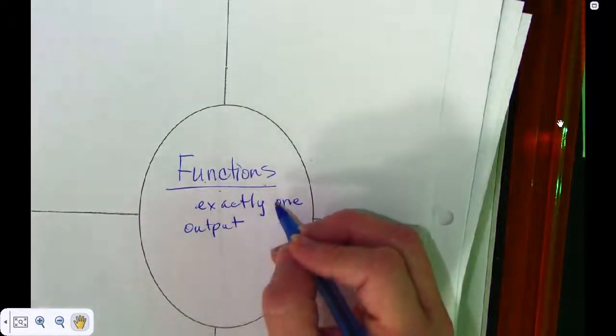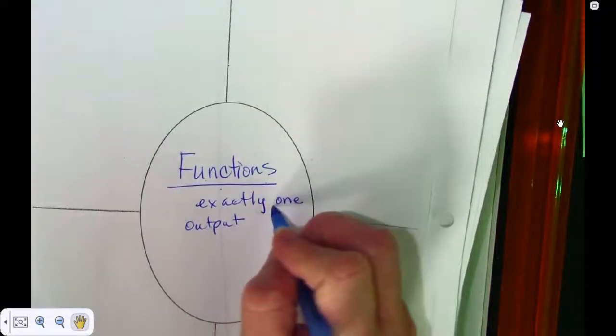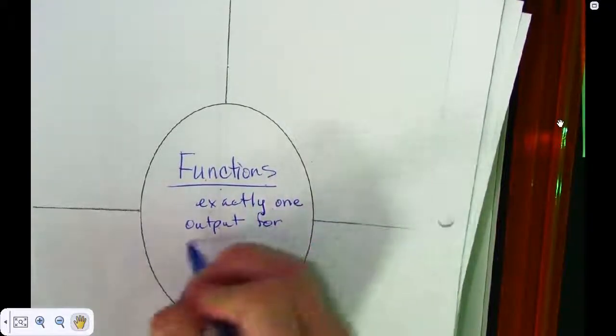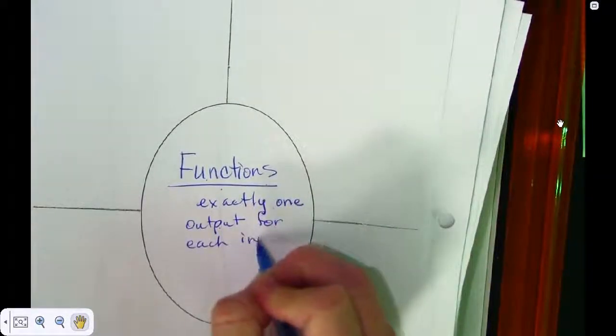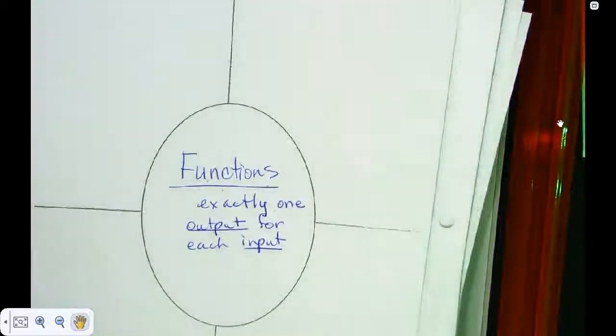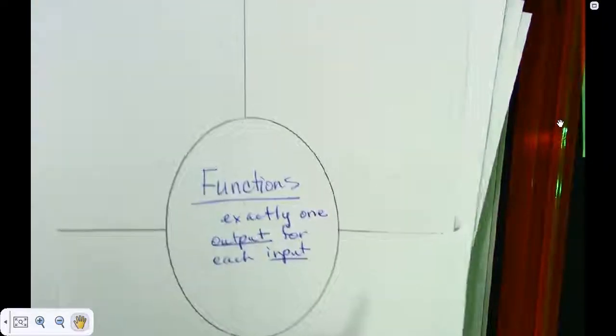That's what they call them in California. A soda. Okay. Exactly one output for each input. What's an input? The money. There you go. Now we're cooking. There's exactly one output for each input.